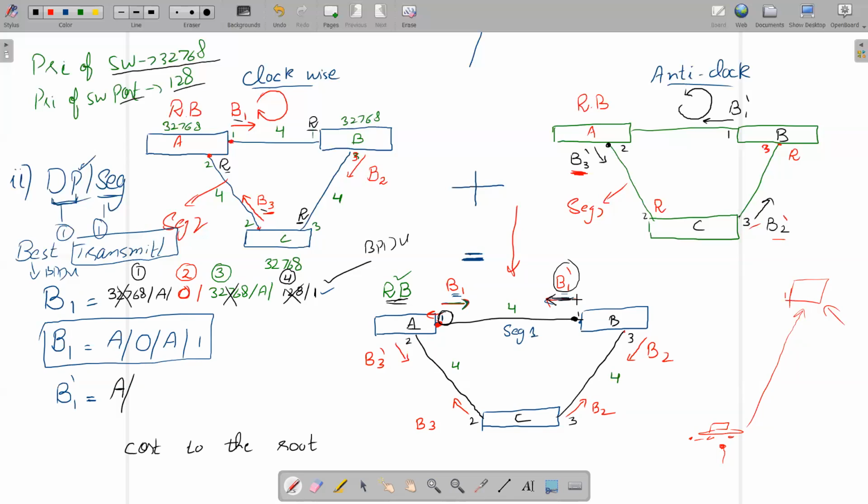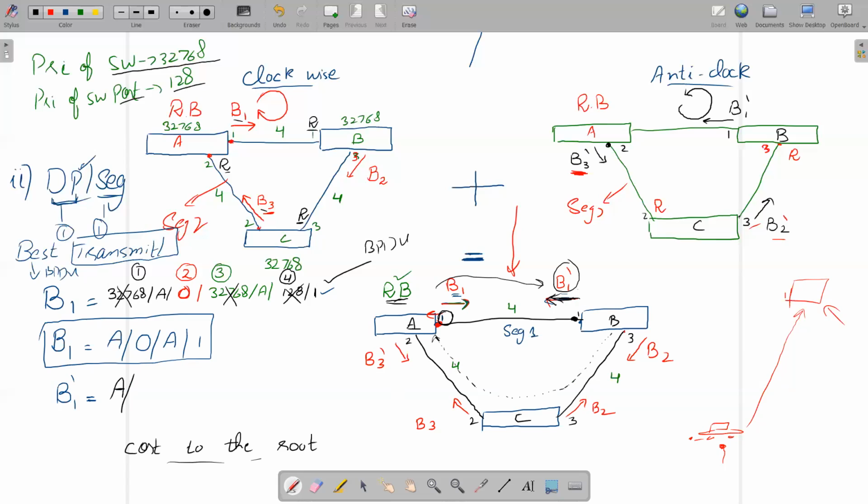And if you are transmitting this BPDU, that means the root bridge has sent it to you. But the root bridge doesn't send it to you this way. You need to reverse, you need to inverse your path. I will start moving in the backward direction, to the root. That is the meaning of cost to the root.